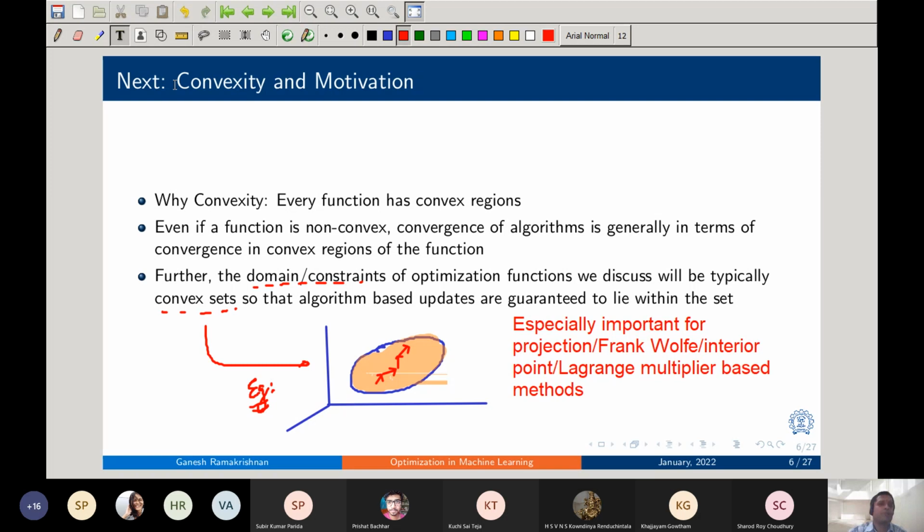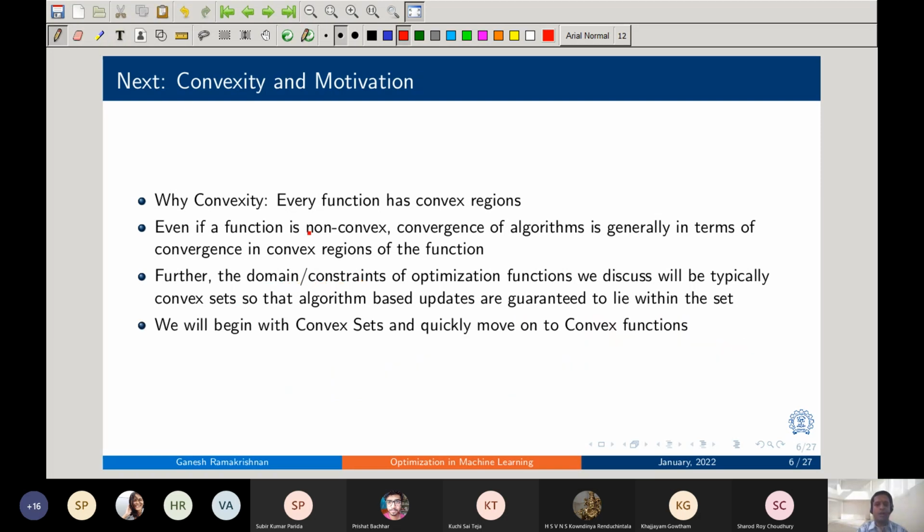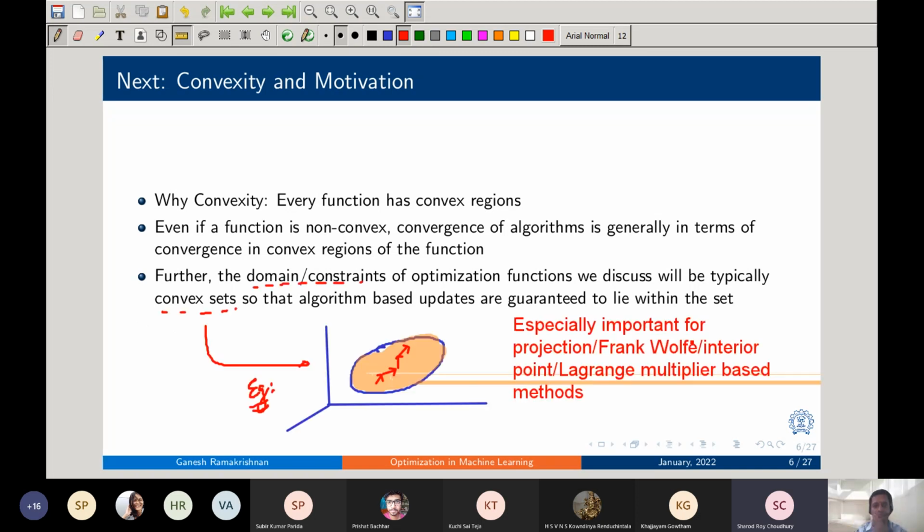Since that could be a question, I'm just providing the motivation up front. We'll begin with convex sets and then move on quickly to convex functions. Yes, what is a convex set? I'll be defining it. But largely speaking, I'm saying convex sets let you remain within the set.